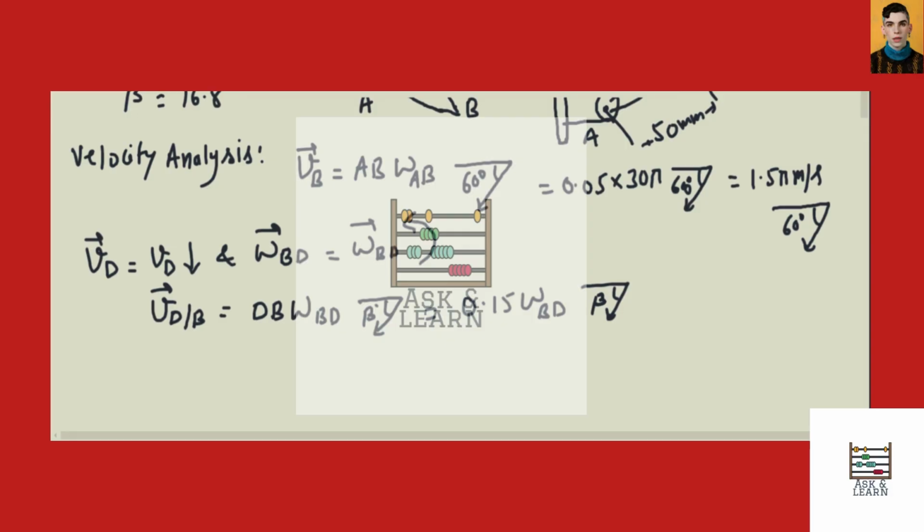So velocity of D, we can write velocity of B plus velocity of D with respect to B.